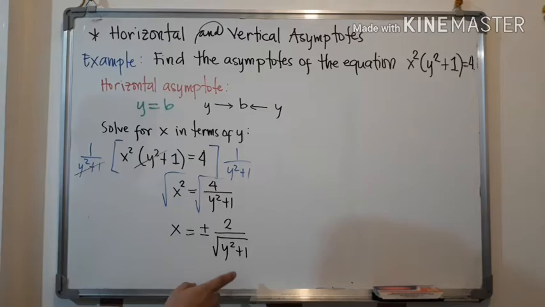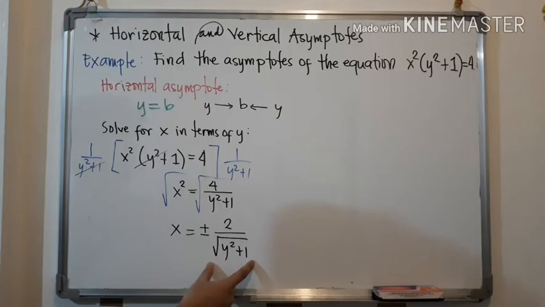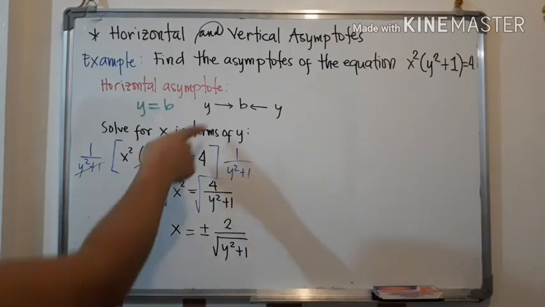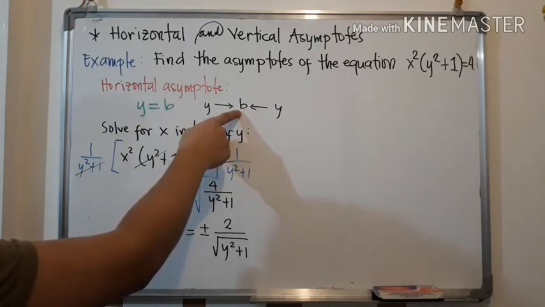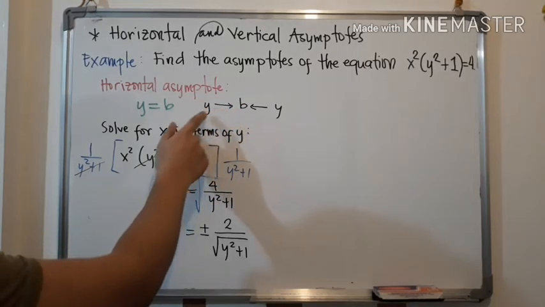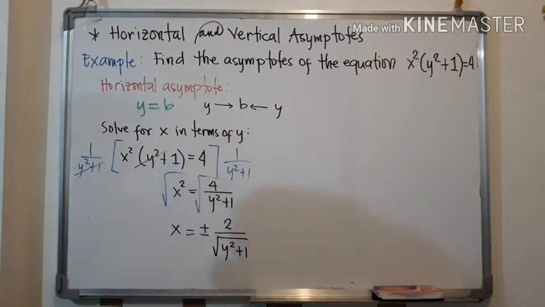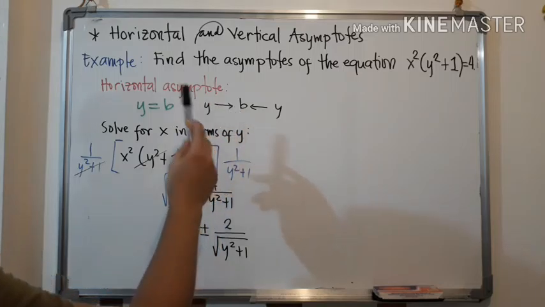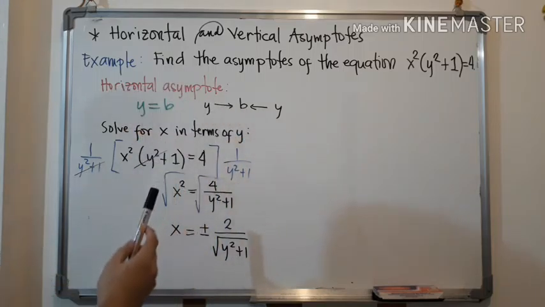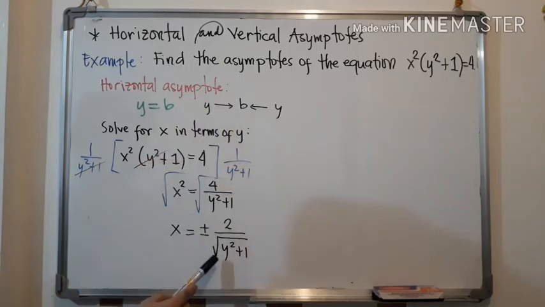Why? Because our denominator, which is this expression square root of y squared plus 1, will never become 0 for any values of y. Remember that b is one of the many values of y. So we do not have a limiting value b for y that will make the denominator 0.